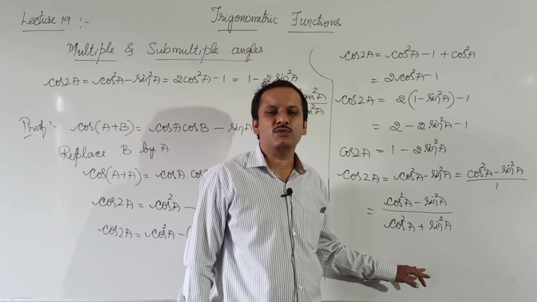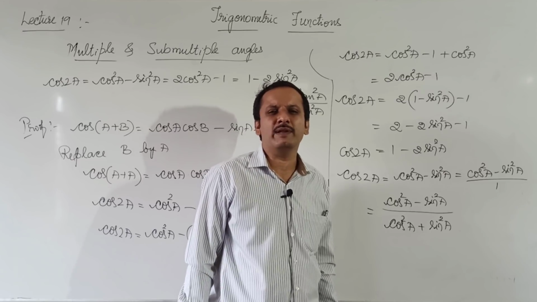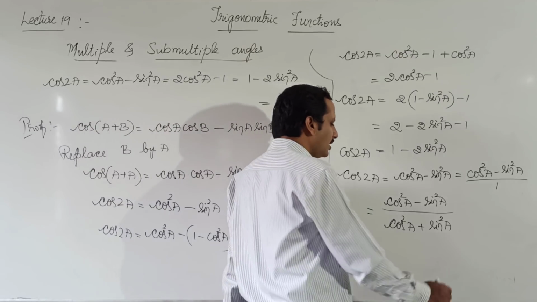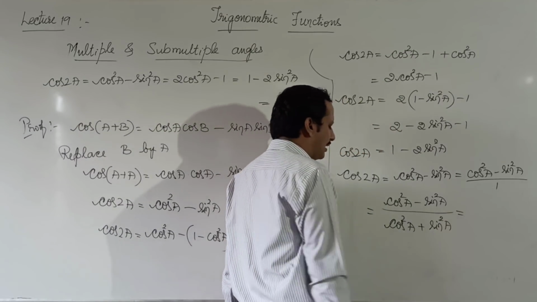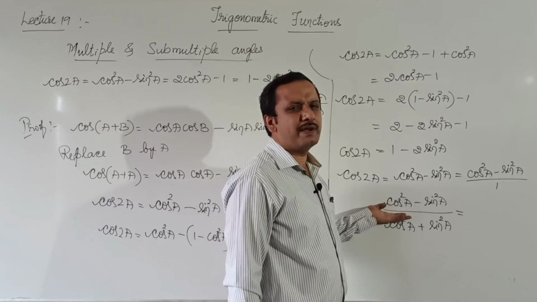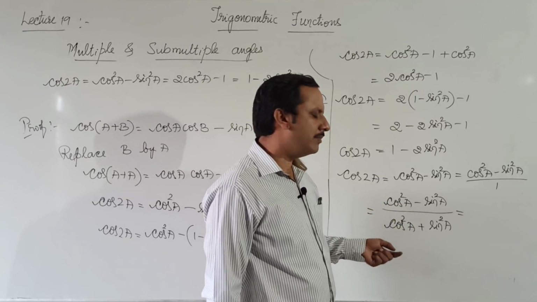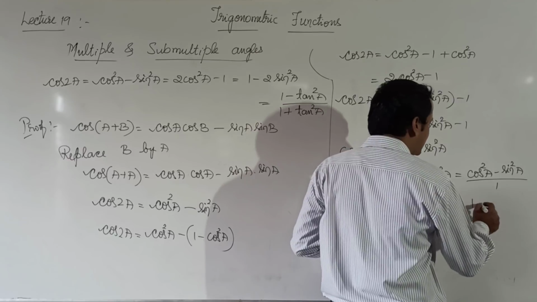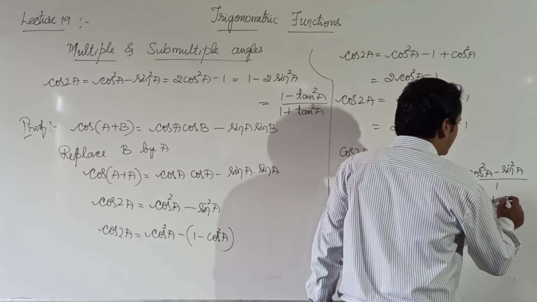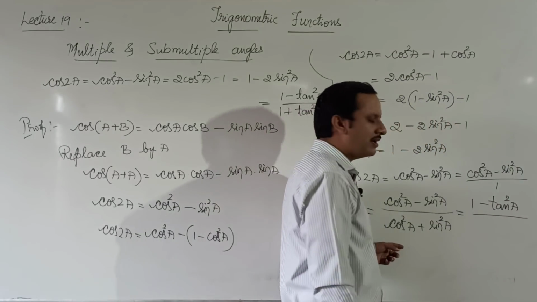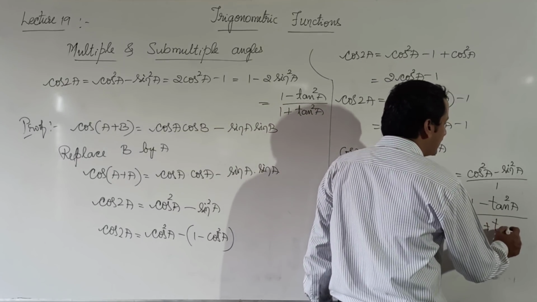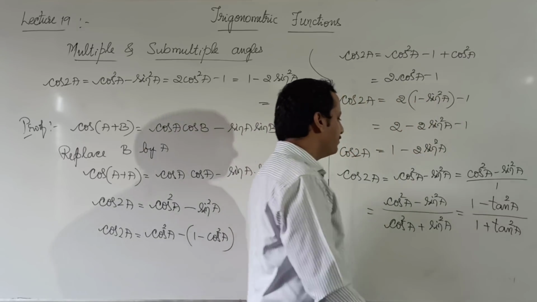Now I will divide both the numerator and the denominator by cos square a. So when I divide by cos square a, what will happen? Cos square a by cos square a is 1 minus sin square a by cos square a, that will be tan square a, and here cos square a divided by cos square a is 1 plus sin square a by cos square a is tan square a.